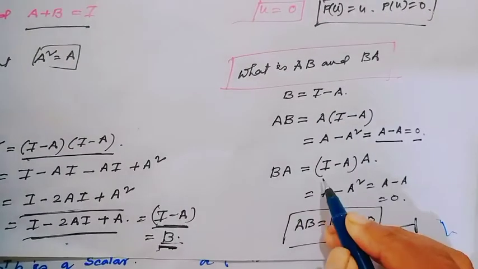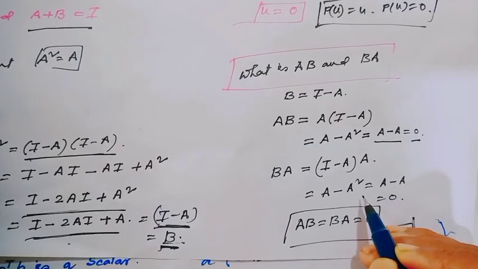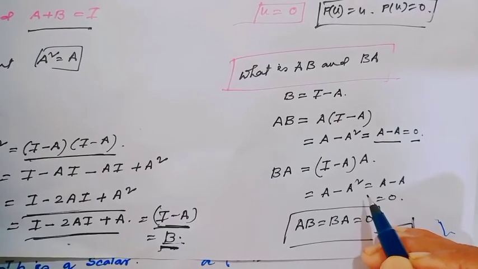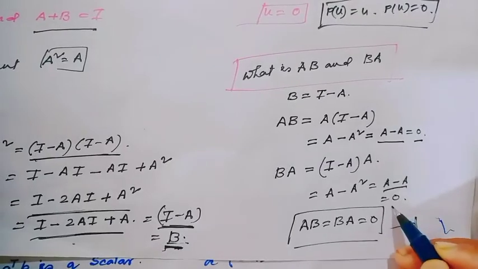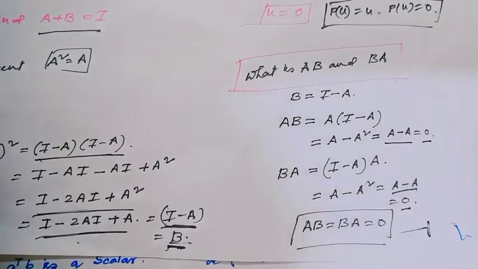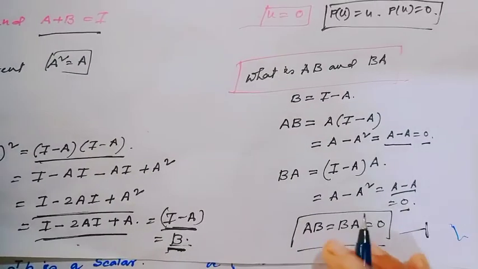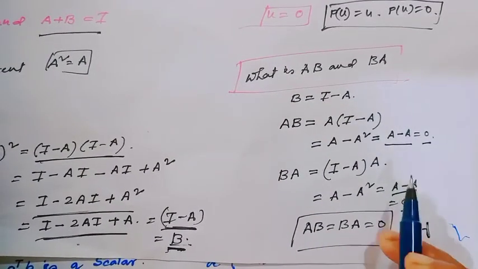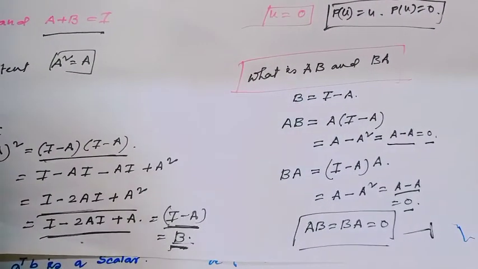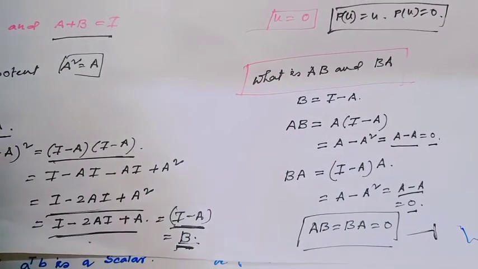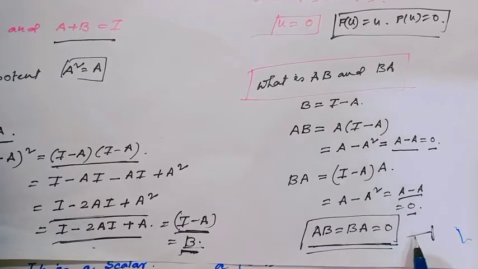And BA means (I minus A) times A, which is equal to A minus A square, and since A square equals A, this is A minus A equals 0. Therefore, if A is idempotent and B equals I minus A, then B is also idempotent, and AB and BA are equal to 0.